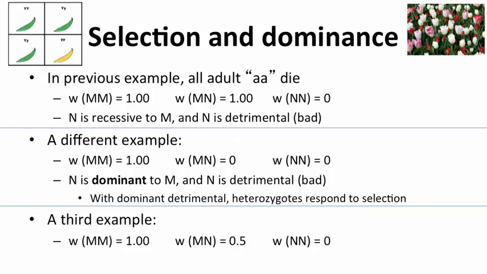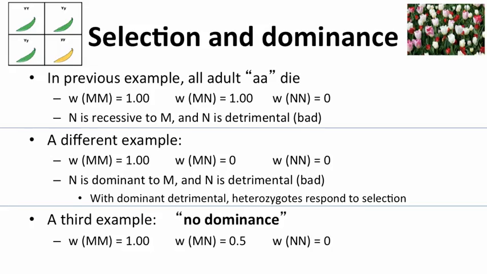Here we have MM is 1.0 for its relative fitness, MN is 0.5, and NN is 0. In which case, which one is dominant? Well, the simple answer is neither, because no homozygote has the same relative fitness as this particular heterozygote. So we can call this a case of no dominance. In all three of these cases, we assume that the N allele is the bad one.